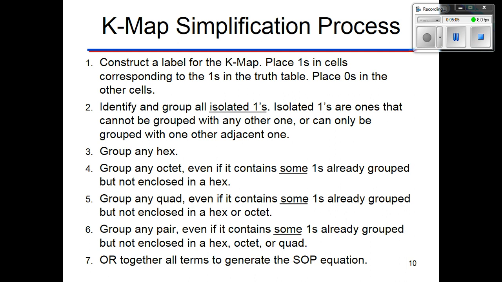I don't really like how this one says identify and group all isolated ones. Generally, I start grouping by hex, which is 16, if I have one. Octet, group of 8, if I have one. Then group of 4, then group of 2, and then group of 1. And of course, you are ORing together all the terms, so that's a plus to generate the solution.